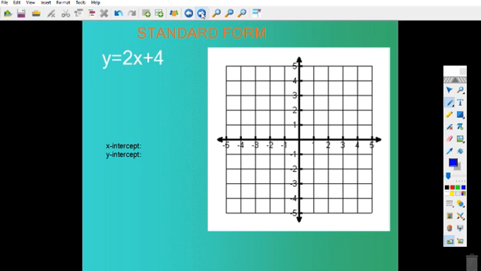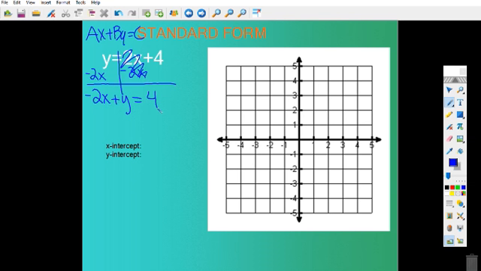So, we need it to look like this, ax plus by equals c. So I need to get my x on the other side. So I'm going to minus 2x. Those go away. I get minus 2x plus y equals 4.